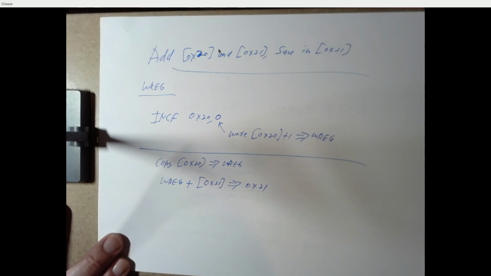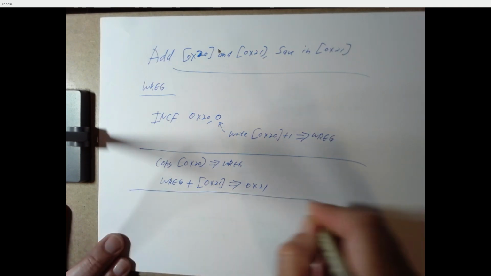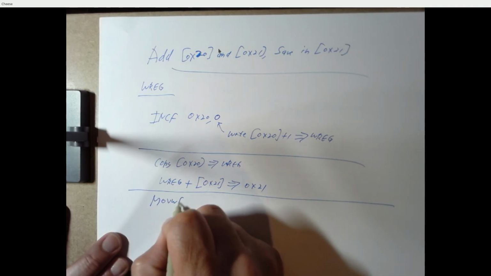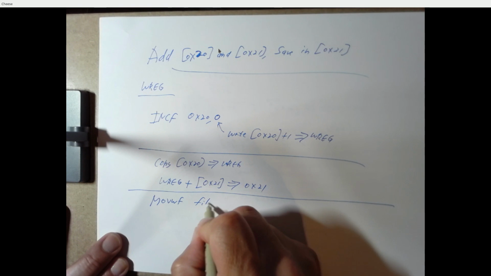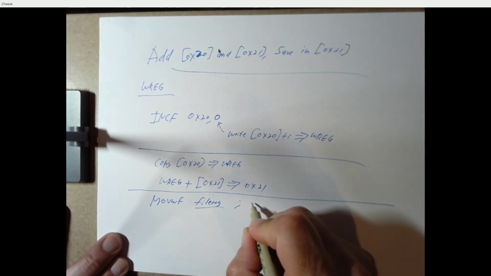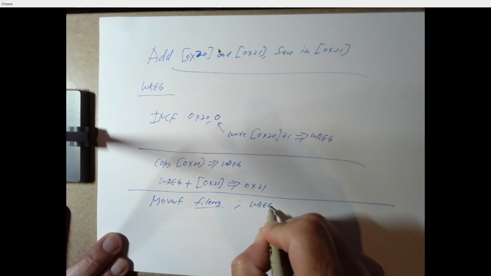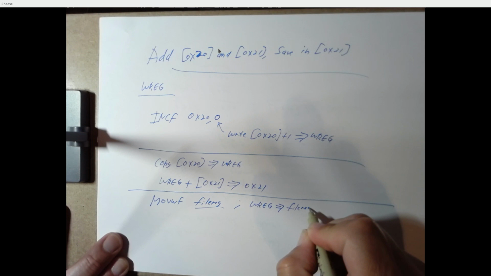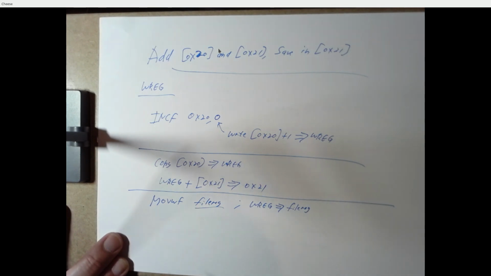So we want to be comfortable moving things back and forth between the W register and file registers, and there's a pair of instructions that will let us do this. The first is move WF, and this takes a single operand, which is the file register, and this says copy the W register into the specified file register.